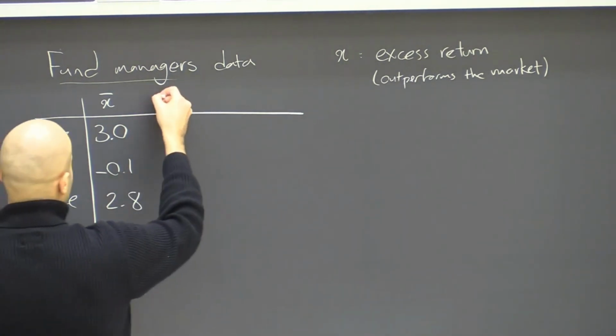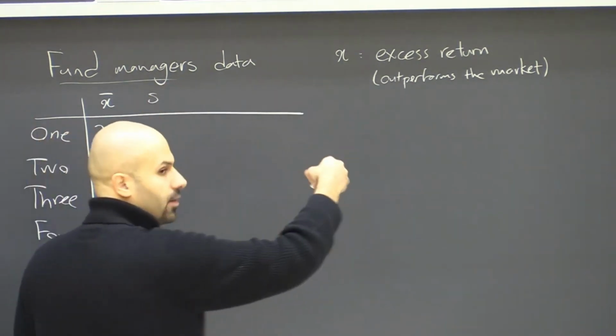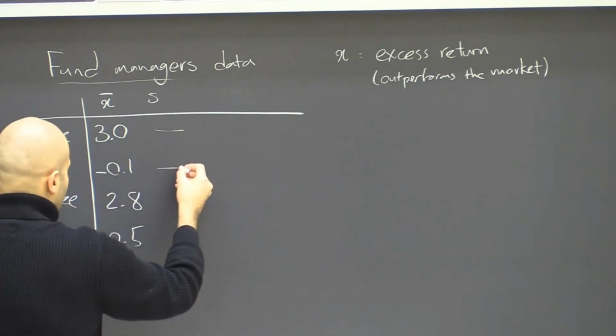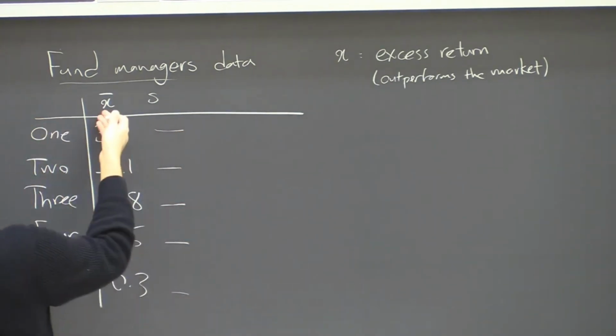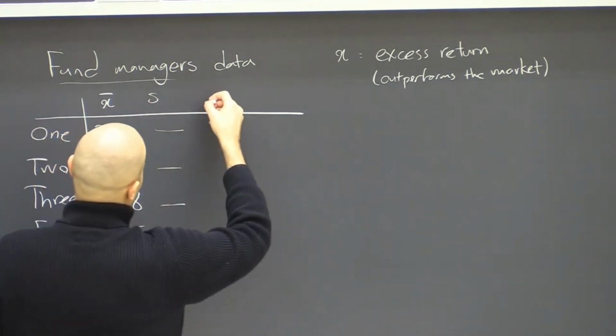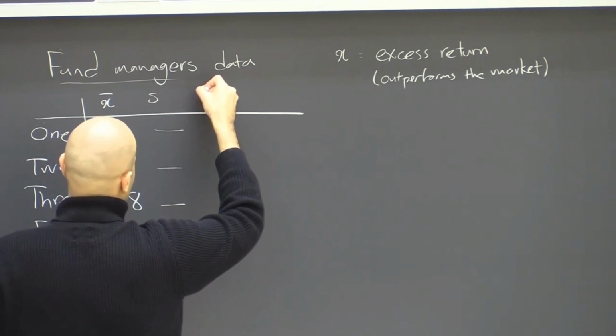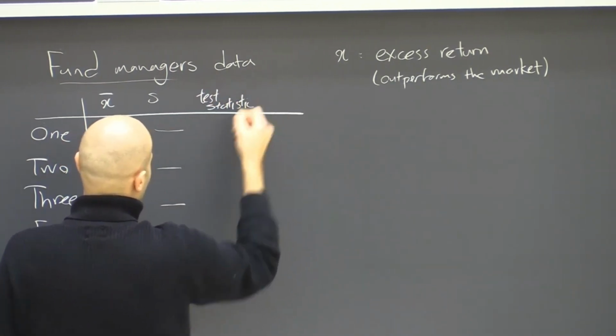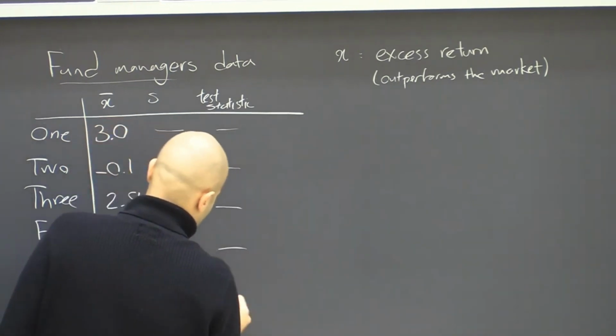Then there's also some standard deviation for the excess returns of the funds managed by each of these people. There's some values. Then based on this X bar in the numerator and this S in the denominator, there's some T statistic. Again, we don't need to worry about it. It's in the textbook.